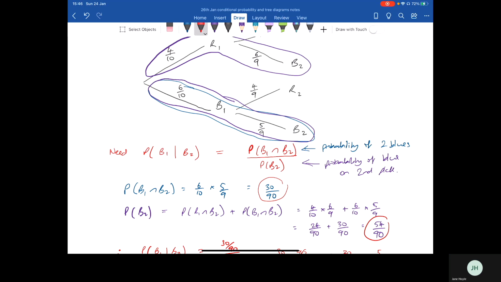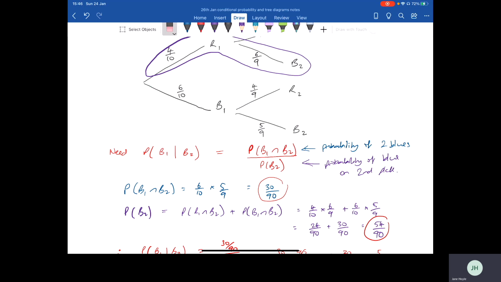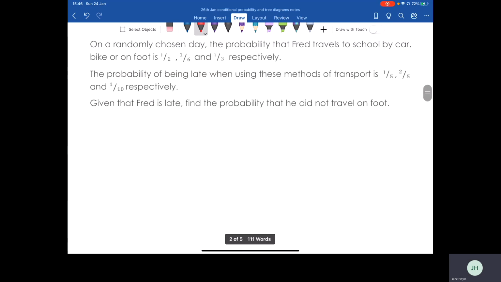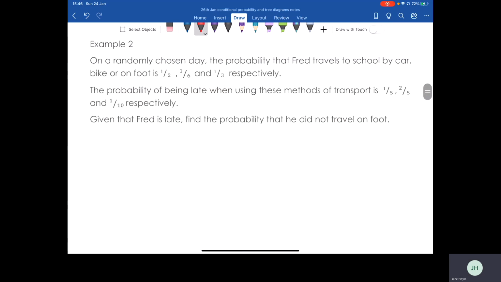The probabilities on each of those branches are really quite predictable. Looks a bit messy. Let's just get rid of those. So with this one here, we just have to be, I think, a little bit more careful about where we put our branches, where we put our probabilities.